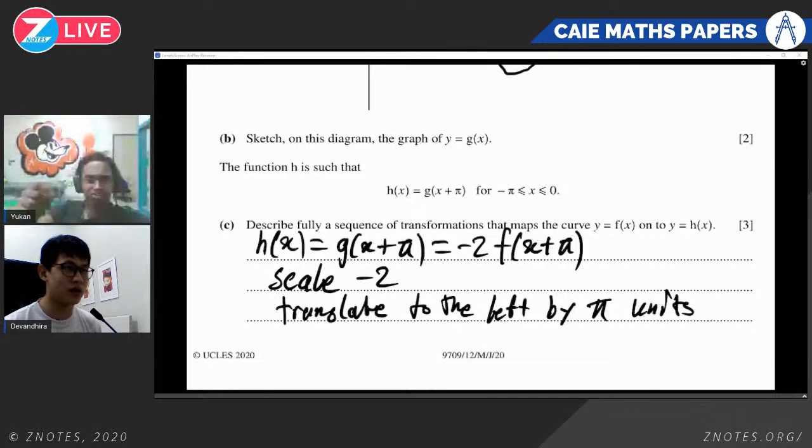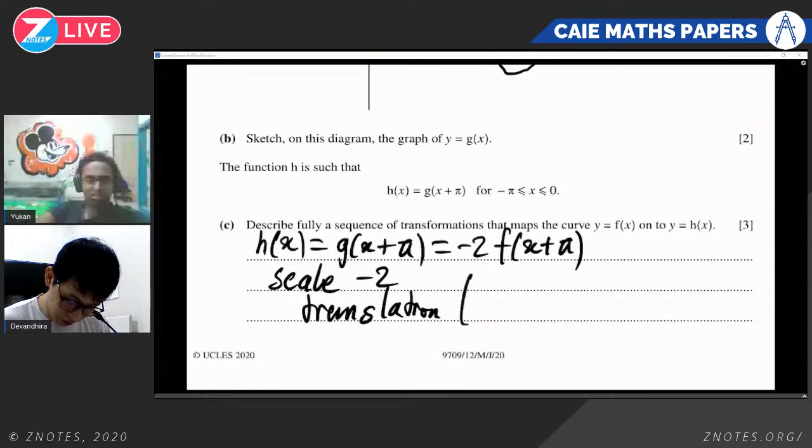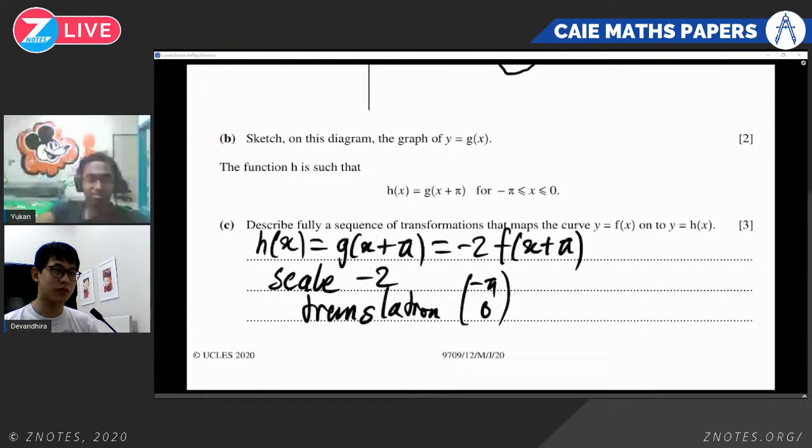I think you should write it as a vector for it to be more clear. I guess translate by a vector. Okay, then I can just write translation -pi, 0. It's 0, -pi because it's in the right.